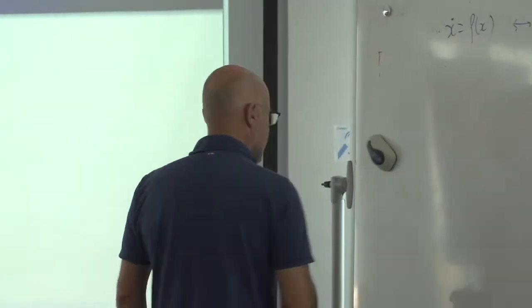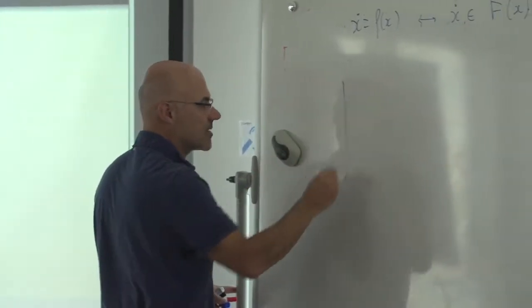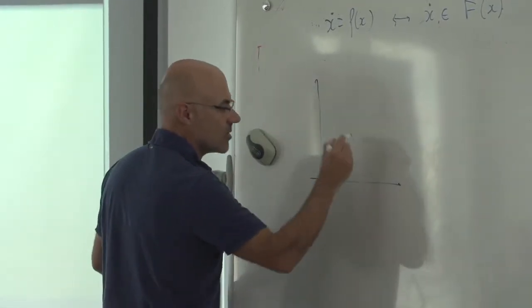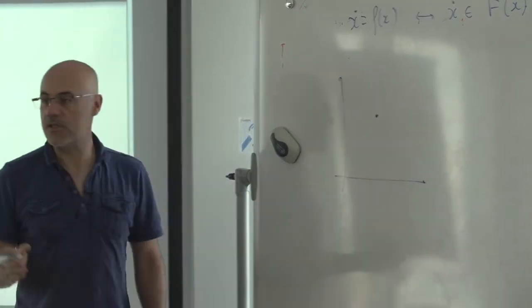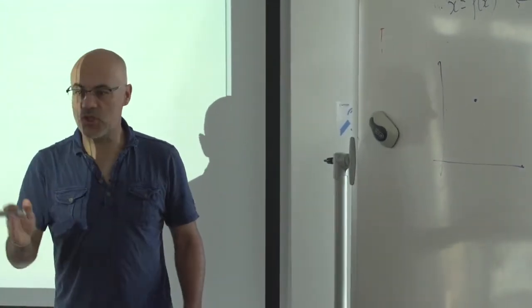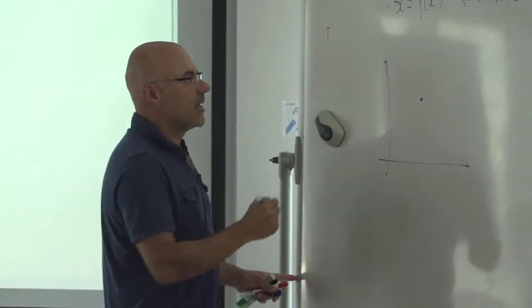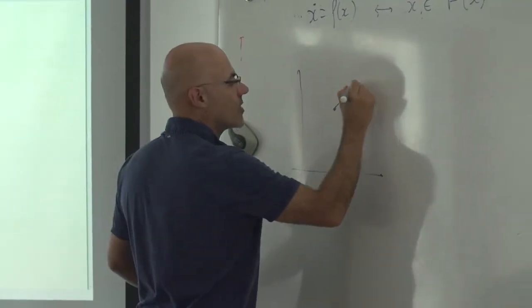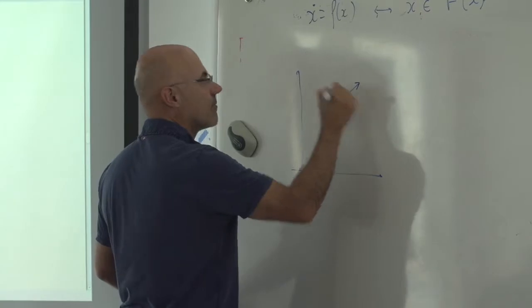So what is the difference? In a state space, the state of a robot is its position, orientation, speed, and so on. Here you have one possible direction for x dot.